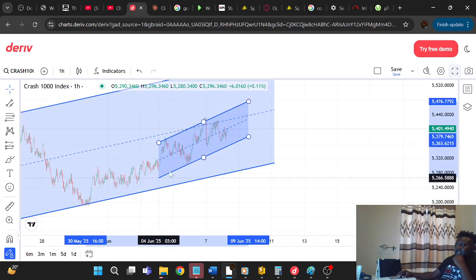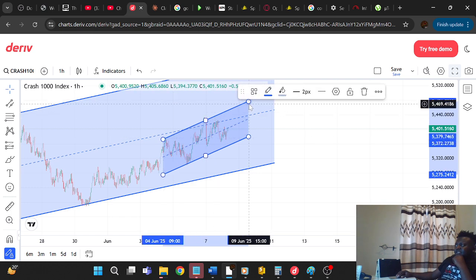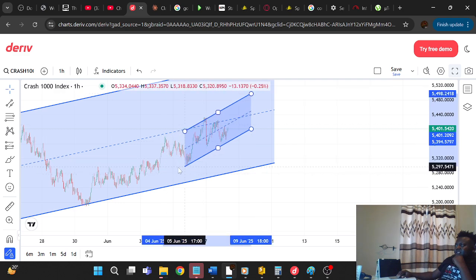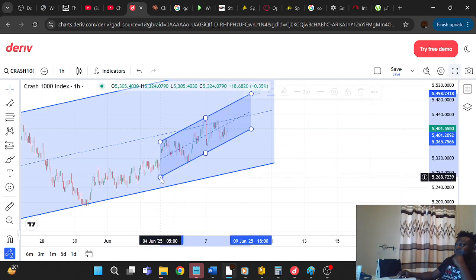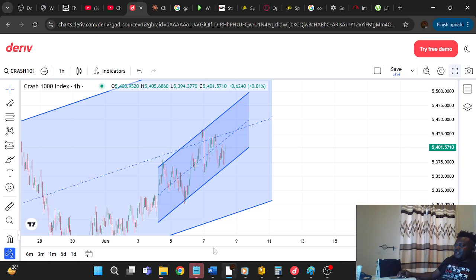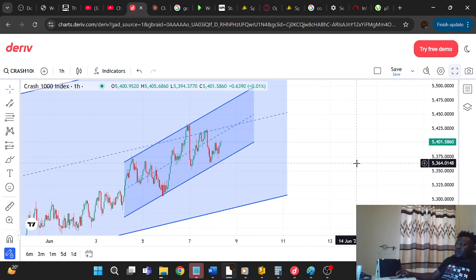We can take this low and measure it with the current highs. Okay, so it will come out to something like this. Like this, you can tell that we are bound to go up. The market is currently in an uptrend.